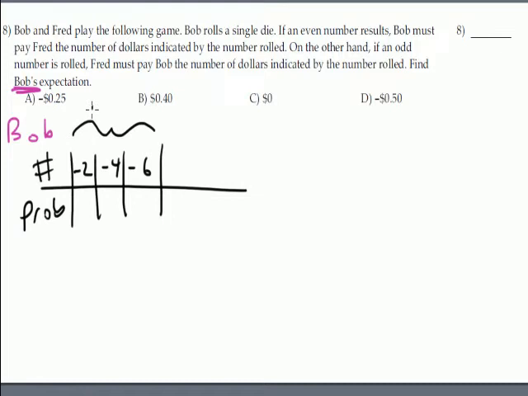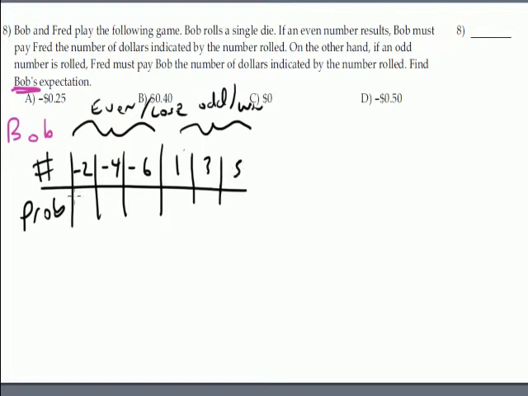So this is kind of the even numbers / loss scenario. You don't need to write that down, but that's kind of what's going on in the problem. It can be useful to think about that. If an odd comes up, or he wins, it's a 1, 3, or 5. Each of these is equally likely. They're all 1/6 probability of happening.